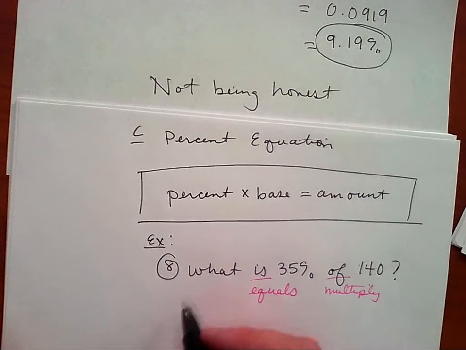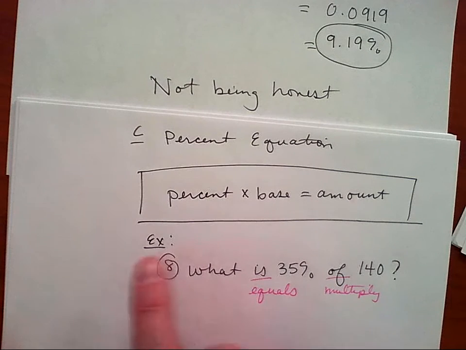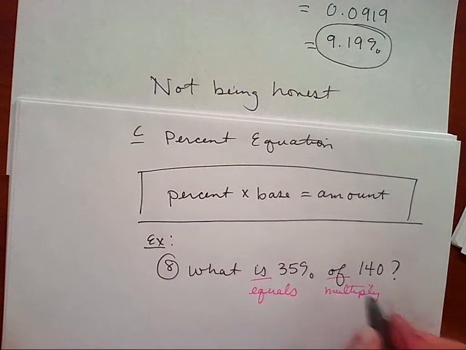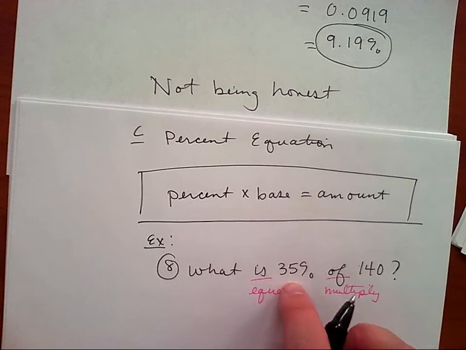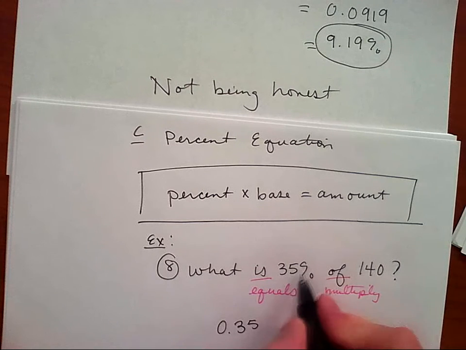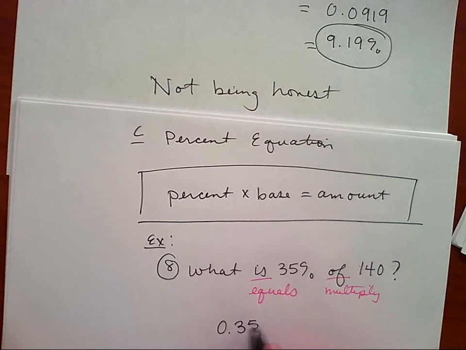Okay, so let's translate. What is 35% of 140? Somebody help me write that. What's 35% as a decimal? 0.35. I moved the decimal place over twice. 35% of 140 equals, question mark, right?